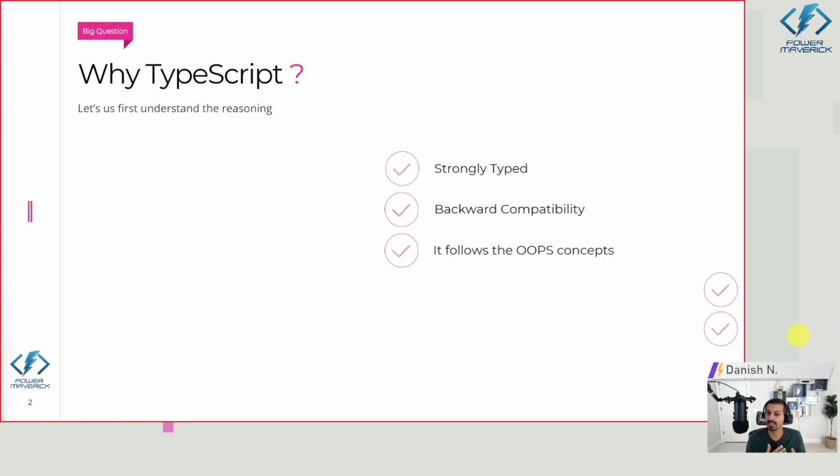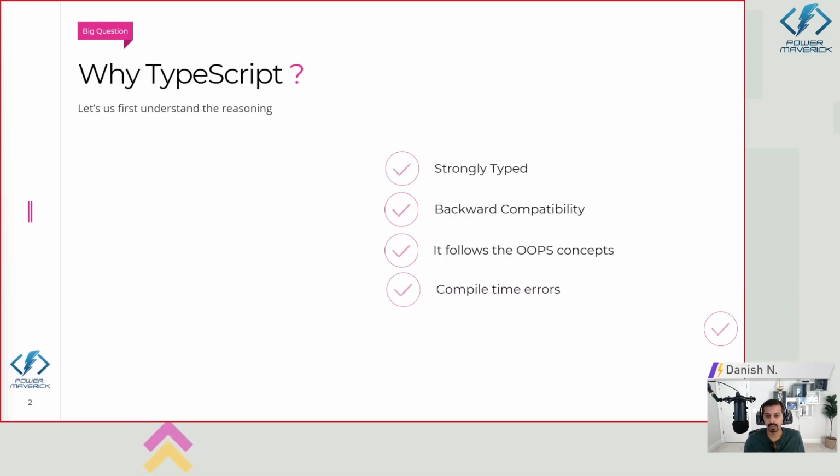So it makes things a little easier to understand when you're doing TypeScript than when you're doing JavaScript, if you're coming from that C# background. So that's why, in my opinion, I feel TypeScript is more object oriented, and there is again a debate in the community that, well, TypeScript is equal to JavaScript kind of thing. But in my opinion, I still feel like it follows a lot of OOPS concepts.